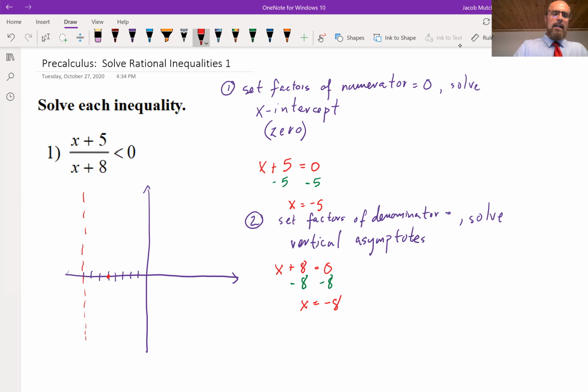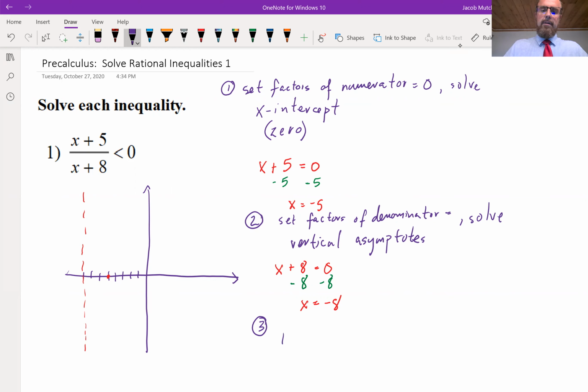Now, the last thing that I need before I go get a rough graph from Desmos is to see where any horizontal asymptote is. And remember, to find a horizontal asymptote, we're comparing the high powers in my numerator and my denominator.